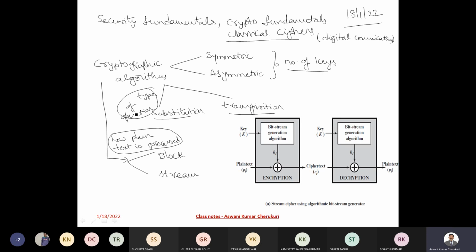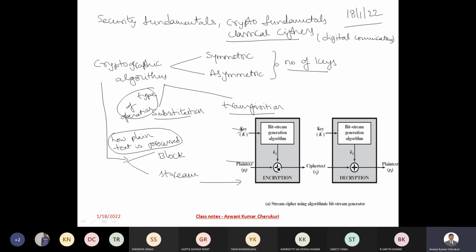Yes, sir. So now if you notice, this is stream-based. The one you are seeing on the screen is stream-based encryption, where you take the key bit stream. Similarly, you take the plain text bit stream, alphabet by alphabet from the plain text, alphabet by alphabet from the key string.